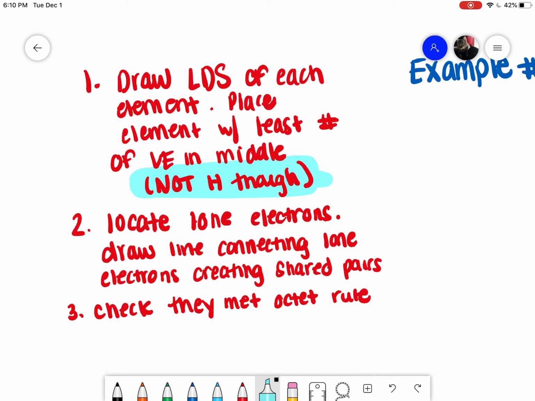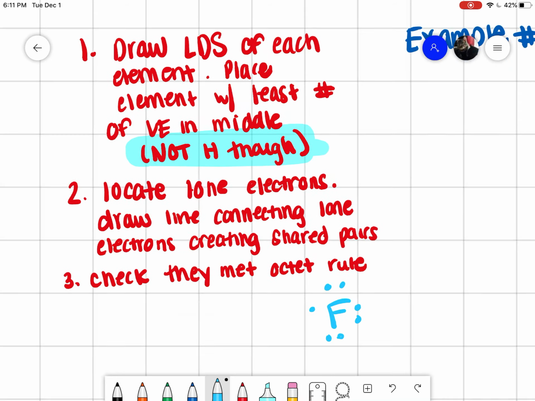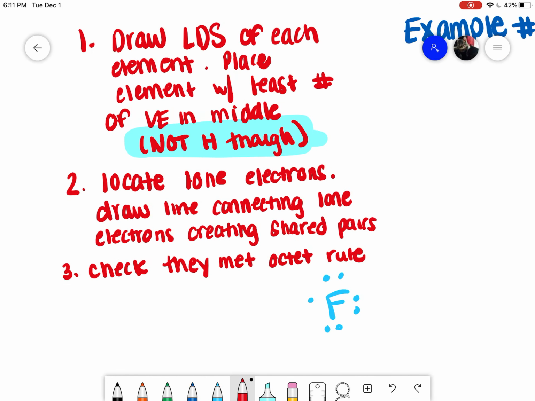Our second step is to locate the lone electrons. Our lone electrons, those are the ones hanging by themselves. So, for example, if I have fluorine, all the ones circled in red, those are our lone pairs. And then the ones circled in blue, that is our lone electron.